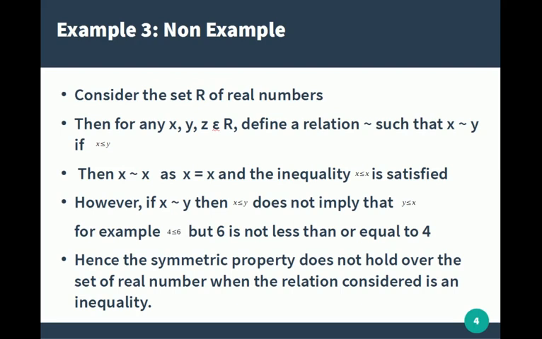But 6 is not less than or equal to 4. Hence the symmetric property does not hold over the set of real numbers when the relationship considered is an inequality. All in all, such a relationship is not an equivalence relation.